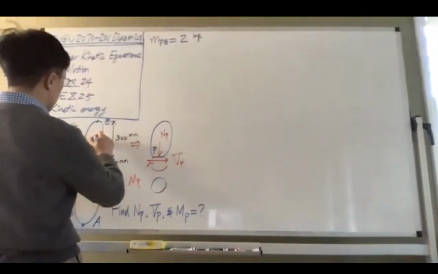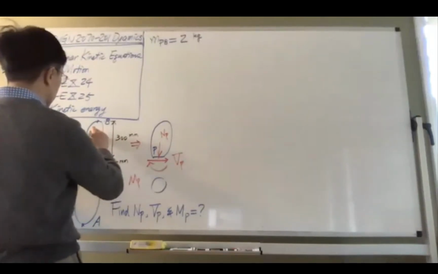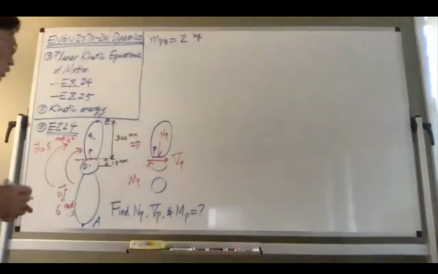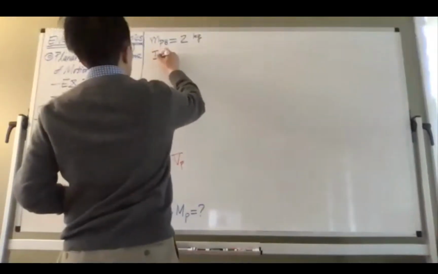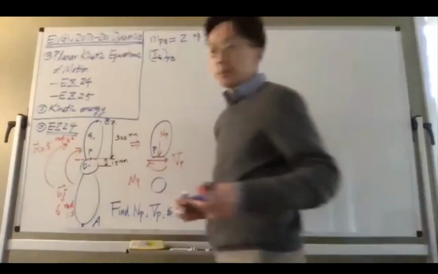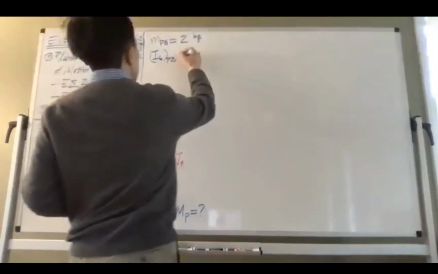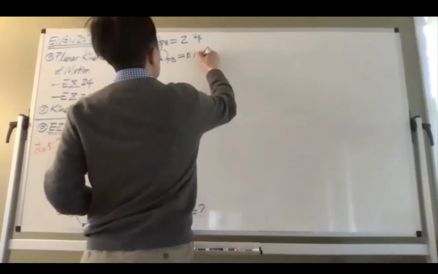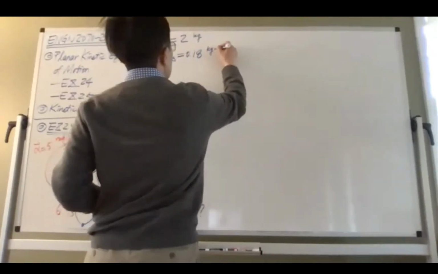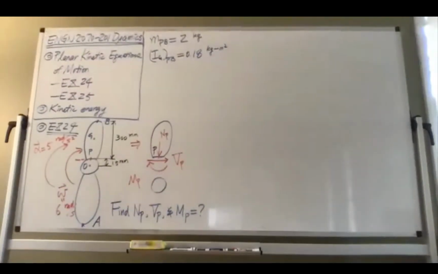Suppose the mass moment of inertia at the center G, and the center is right here. The mass moment of inertia for this blade, I_G, is also given, and this is 0.18 kilogram square meters. So that's the information we have.